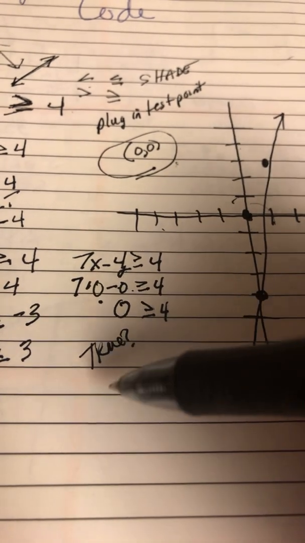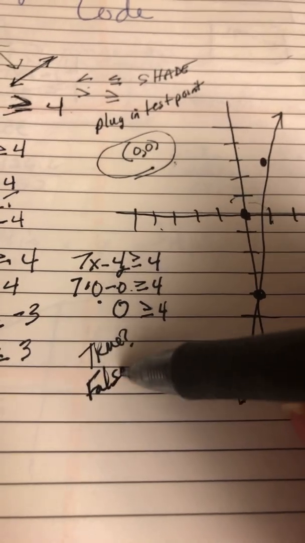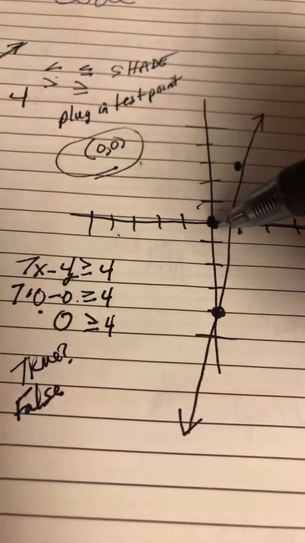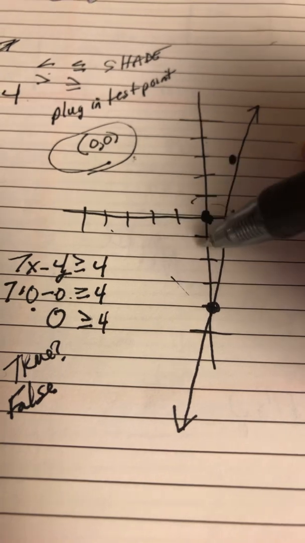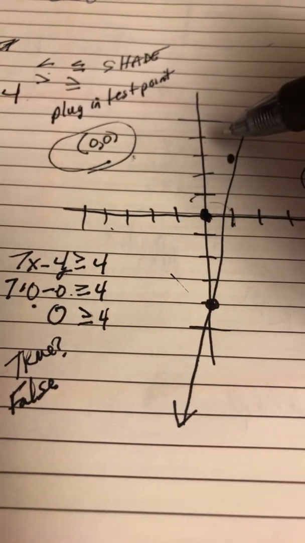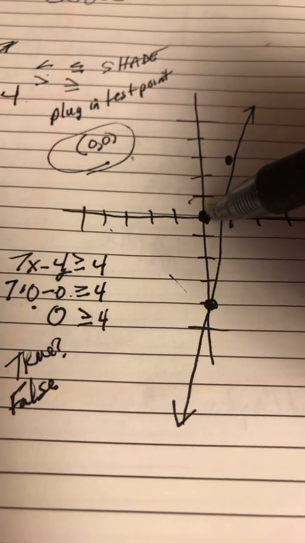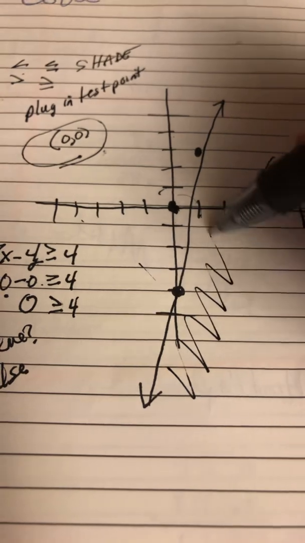But 0 is not. So this is a false statement. And what that means is this spot where we found the 0, 0 that we tested, this didn't work. So we're not going to shade this side. We don't even have to find what does work. We found that this doesn't work, so we know it must be the other side of the line that gets shaded.